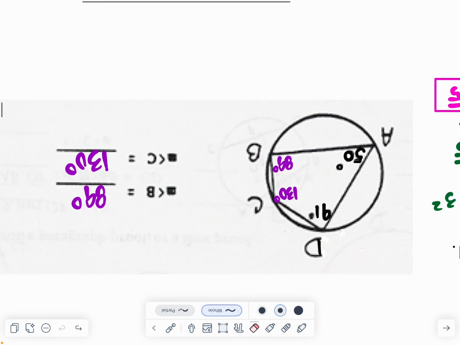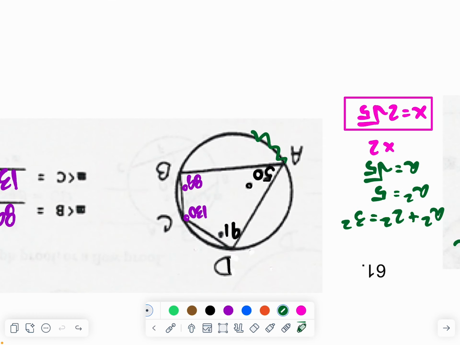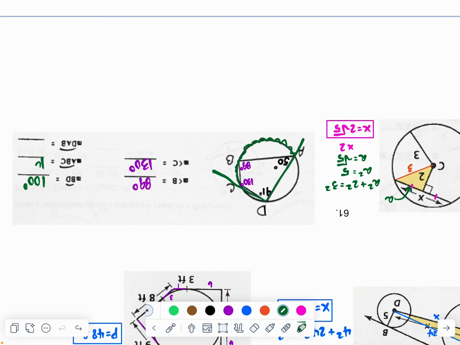All right, again, erase, start over. What are we doing now? Arc ABC. Well, that arc is clearly being intercepted by angle D, that 91 degree angle. So it's going to be 182 degrees.